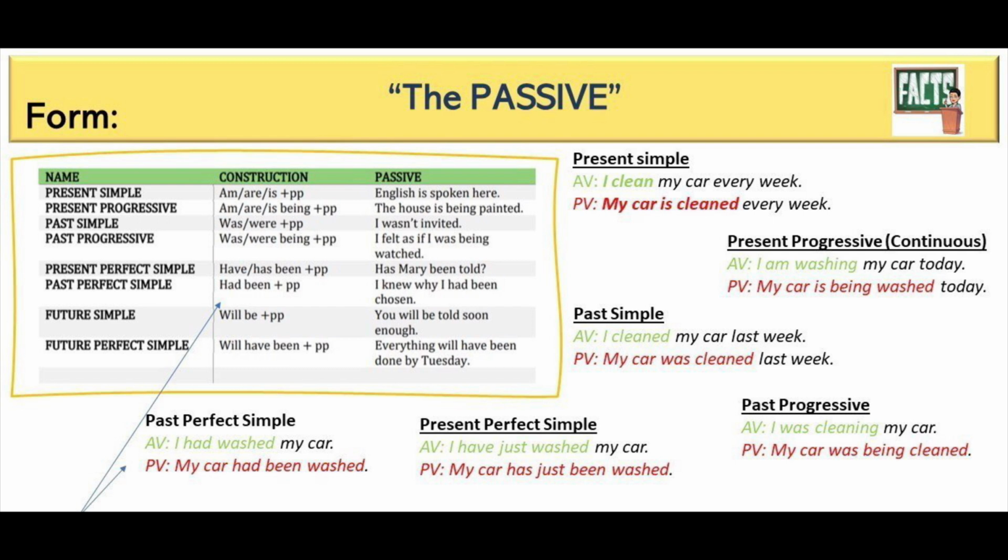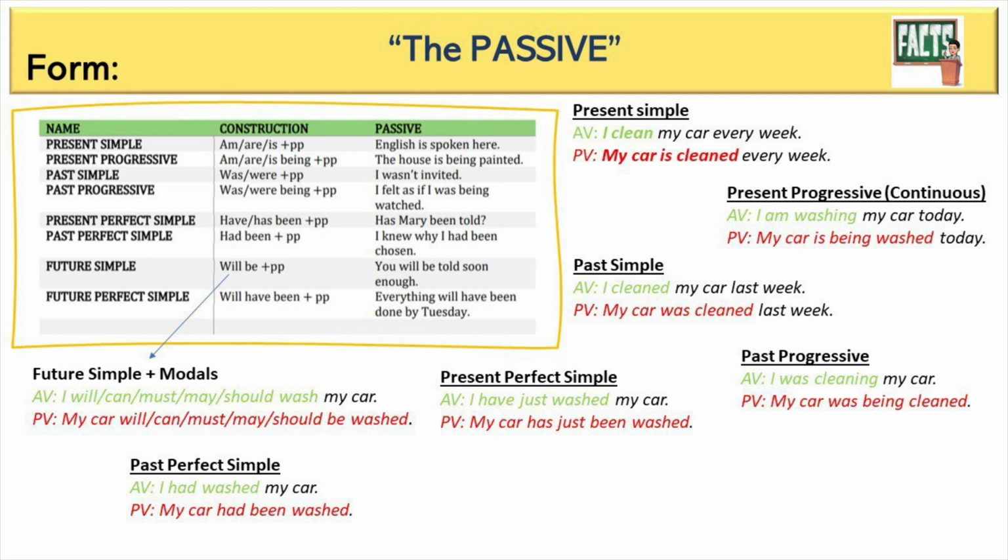Next example, past perfect simple. I had washed my car. And the passive version would be my car had been washed. So as you can see, the past perfect simple passive, we need had plus been plus past participle. The next one is the future simple plus modals.